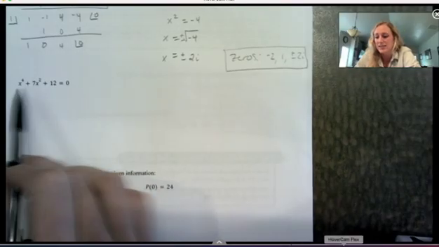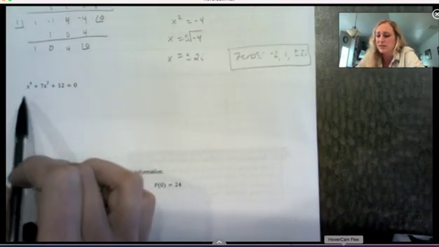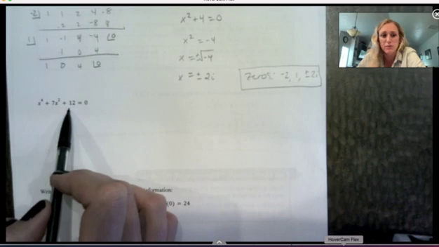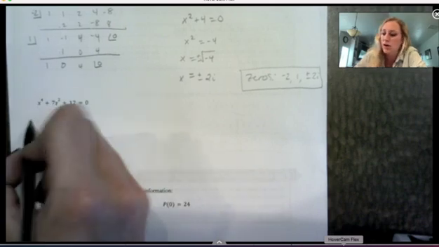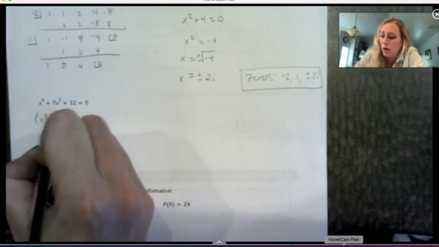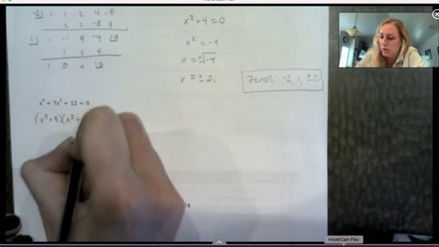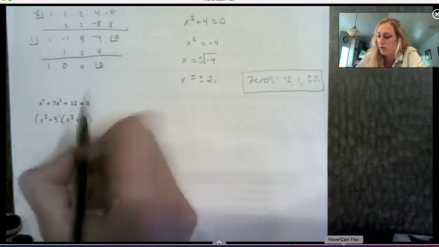So this kind of has the form of a trinomial. Instead of x, I'm going to use x squared in my factors. Numbers that multiply to be 12 and add up to be 7 are 3 and 4. So I'm going to write it as x squared plus 3 and x squared plus 4. Then I get the x to the 4th when I multiply those.